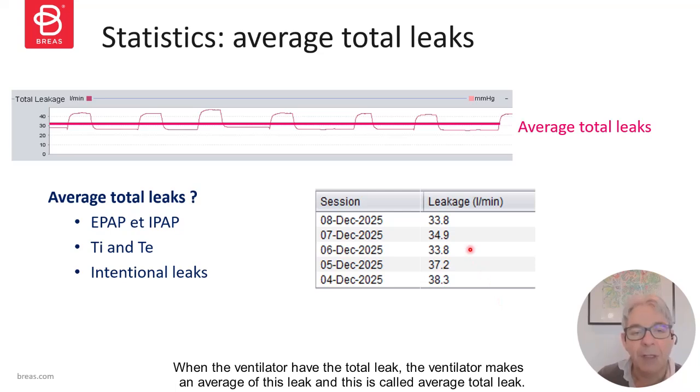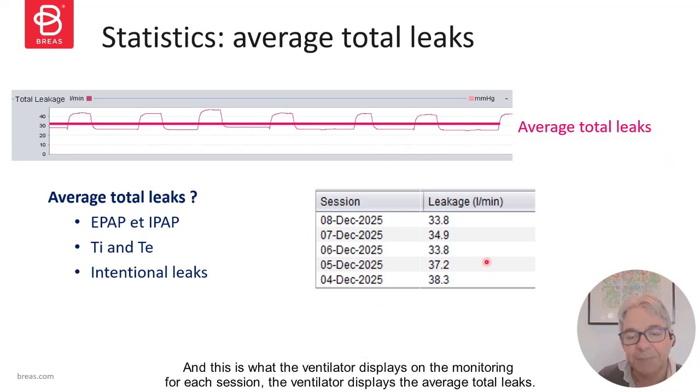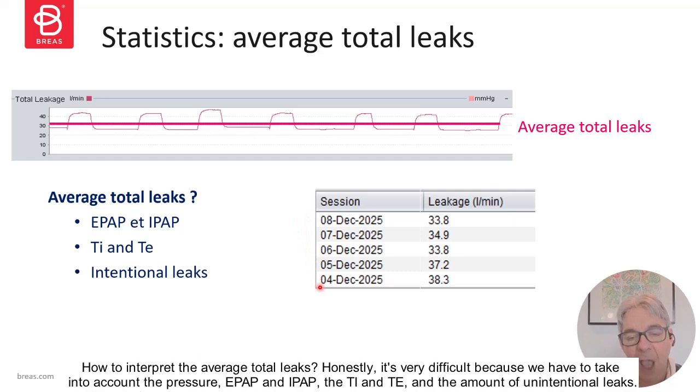When the ventilator has the total leak, the ventilator makes an average of this leak, and this is called the average total leak. And this is what the ventilator displays on the monitoring. For each session, the ventilator displays the average total leak. How to interpret the average total leak?